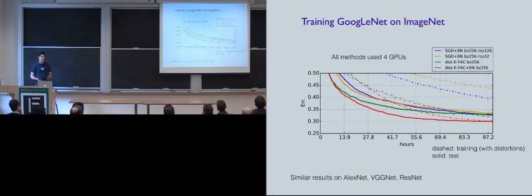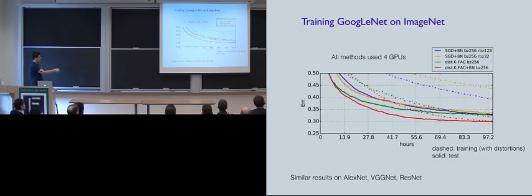And so we can apply this procedure to training a large convolutional network, the GoogleNet network, one of the widely used architectures for object recognition. What we see here are training curves, with training error shown in the dashed lines and test error shown in solid lines.